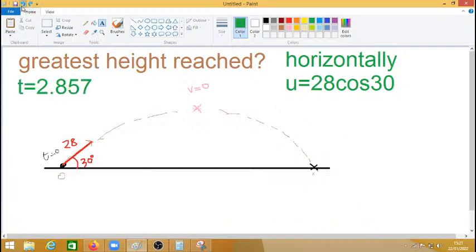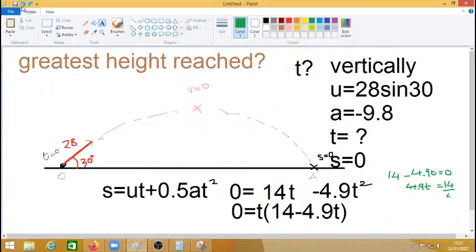There was a mistake I made earlier, so hopefully you can spot that and correct that. But the first thing we wanted to do, so first we looked at this endpoint vertically. The distance above the ground is 0. So we used that. Vertically, we knew the initial velocity was 28 sine 30.